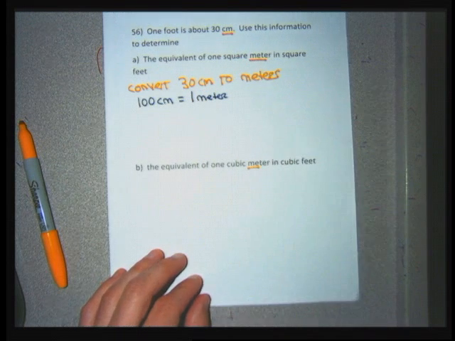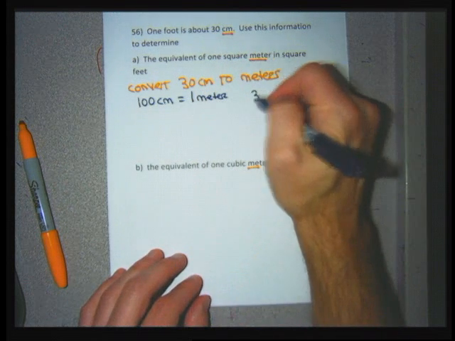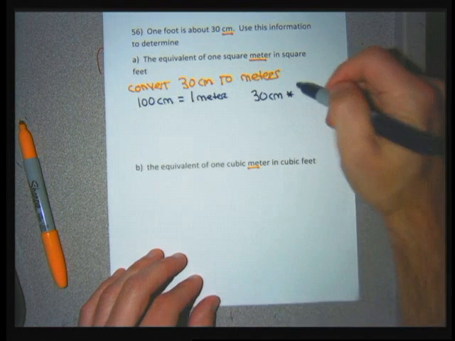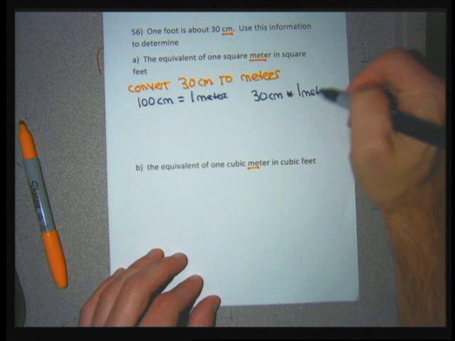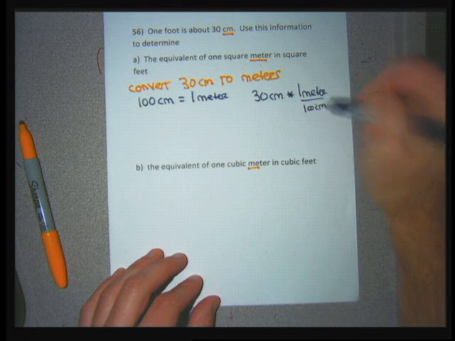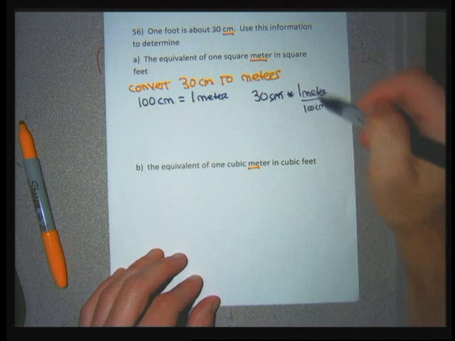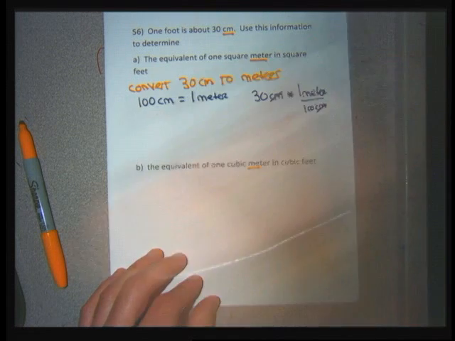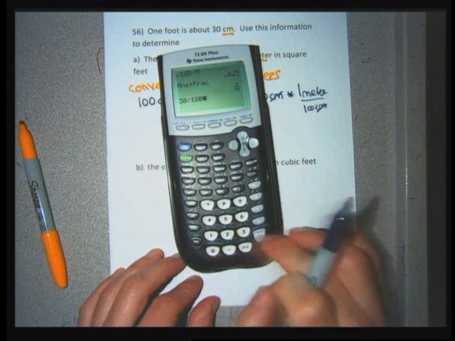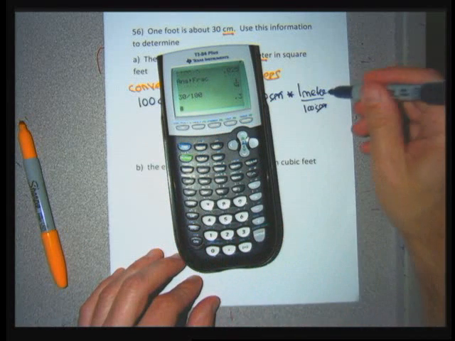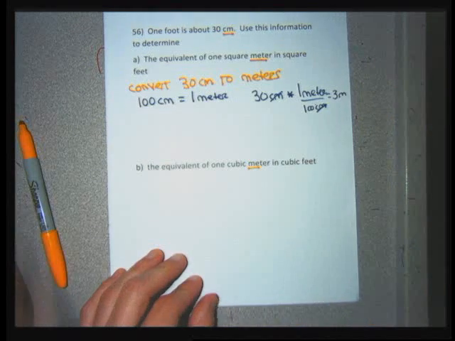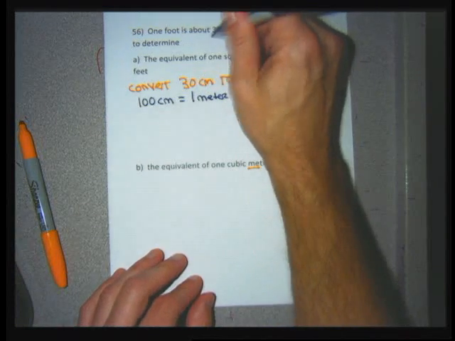If I do this conversion, I'll take 30 centimeters times 1 meter is 100 centimeters. My centimeters will cancel. I'll take 30 and divide it by 100. And I get 0.3 meters.